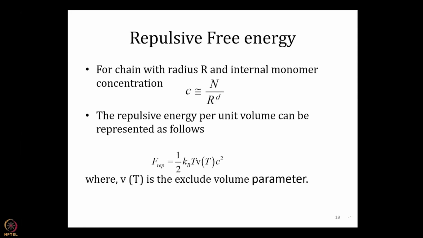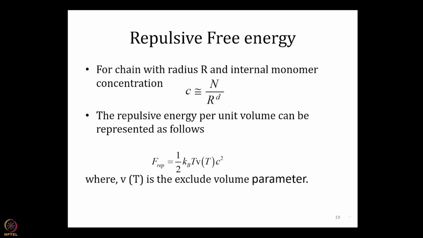Okay, say the internal concentration of the N by R to the power D, as we discussed already. Then I can consider a repulsion energy with this equation, F repulsive is half kBT v_T c square. So this v_T is the effective parameter, and as I said, this is essentially nothing but the van der Waals theory that we are doing.